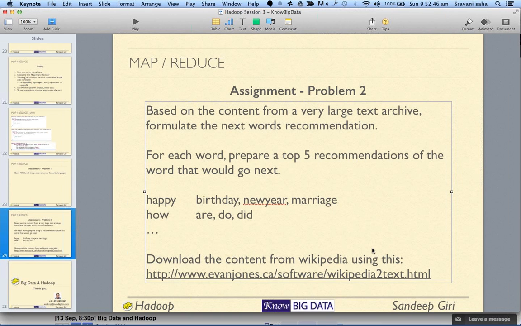Now, how does it give that recommendation? As you finish writing one word and click space bar, it automatically gives the recommendation of the next word you can type. If you write happy, it gives birthday as the recommendation. If you write how, it automatically gives you recommendations like are, do, thinking that you might be writing how are you, how do you do, right?